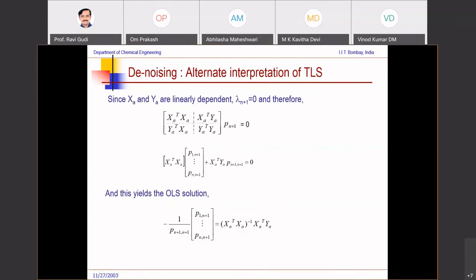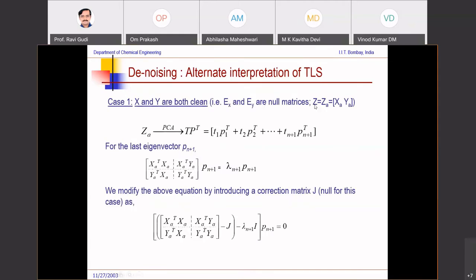All that I have to do is take Z as an augmented X and Y matrix and subject it to a PCA. Look at the last eigenvector, scale the first n elements by the n plus 1th element. Negative of that is my solution vector, which describes the theta vector, the relationship between y and x under the clean case. Okay.